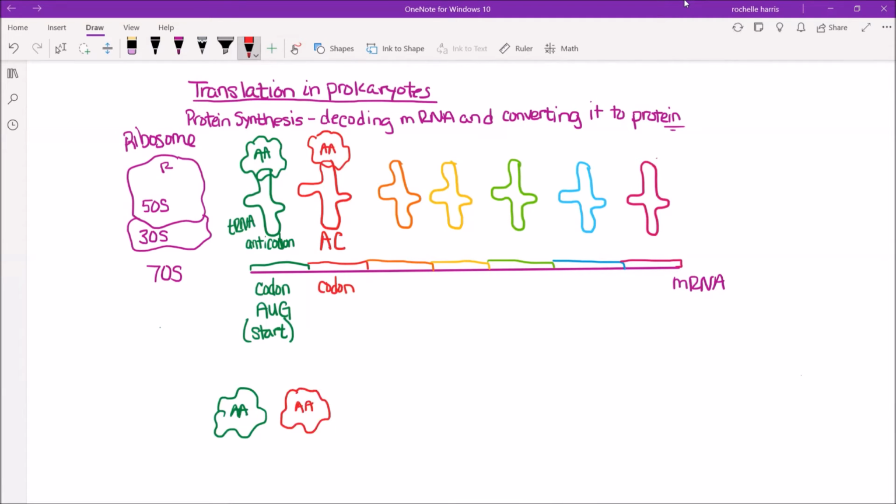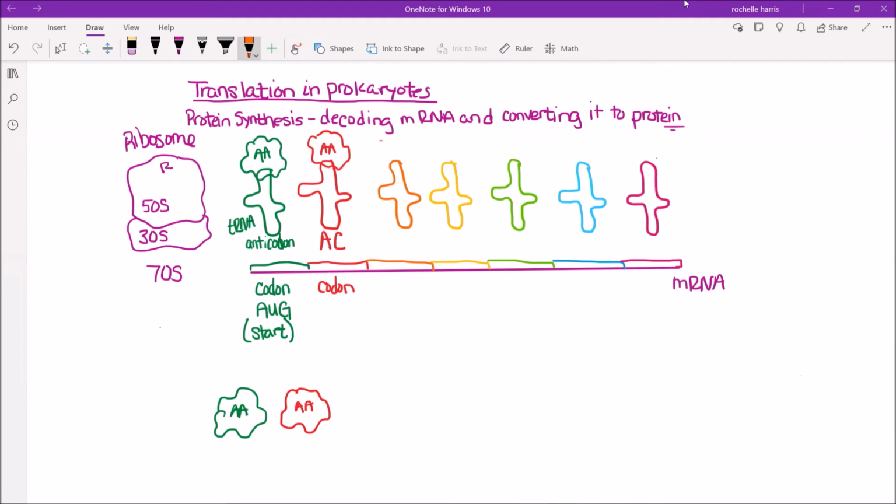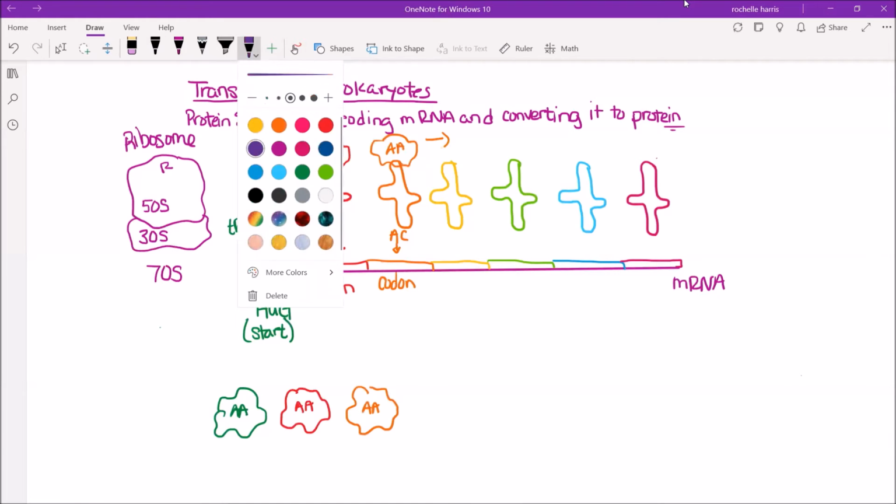This process goes on, with the anticodon complementary to the codon on our messenger RNA, and the amino acid left behind, until it reaches the end.